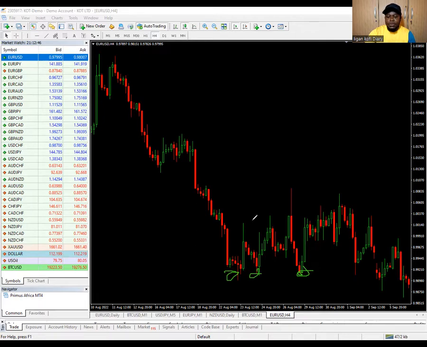But if you are asking to take it on a break and retest, at this point, the break hasn't actually happened. This is the third point at which you are looking for a break and retest. The break didn't happen. Look at the top here. It was not broken. So this wouldn't have been a trade to take.